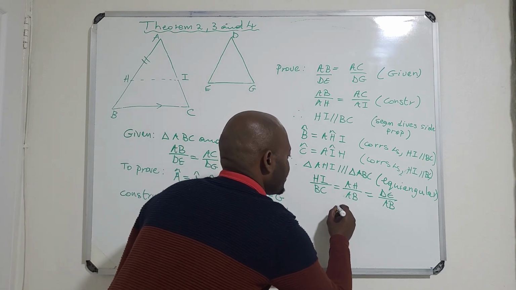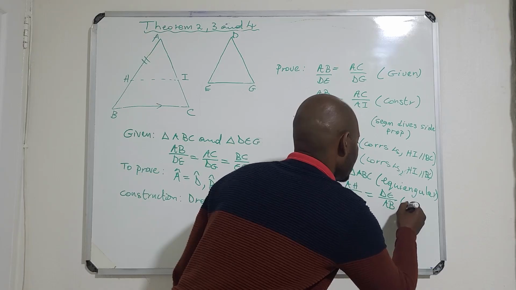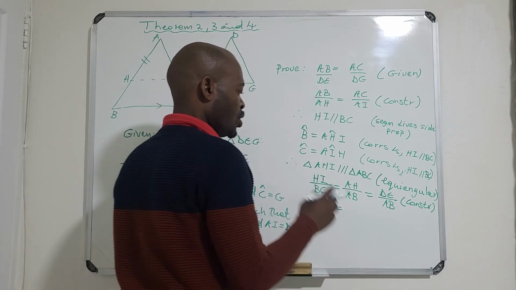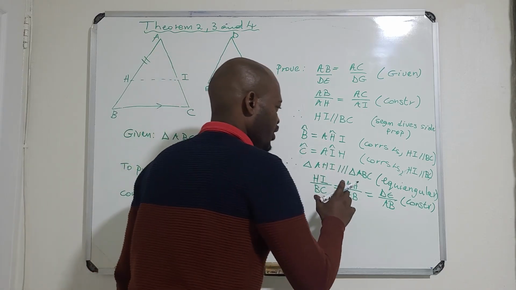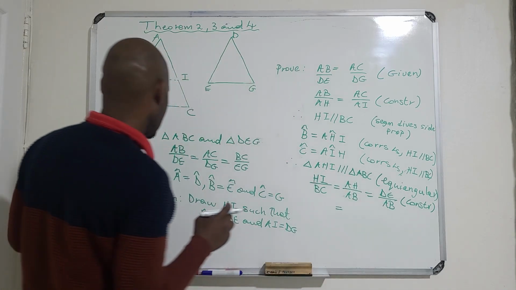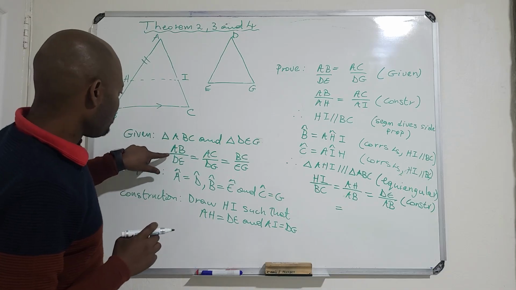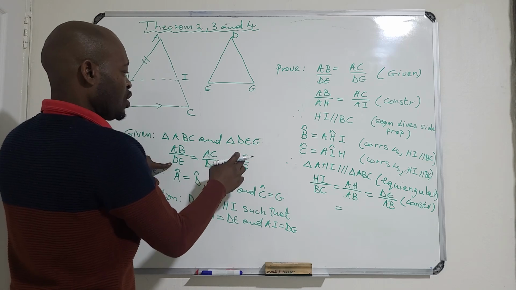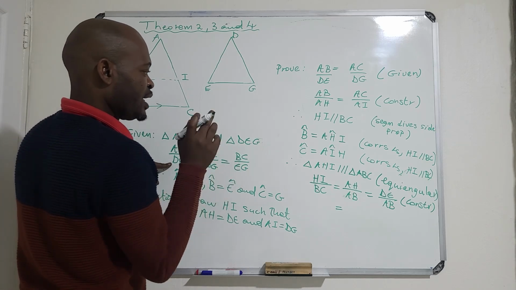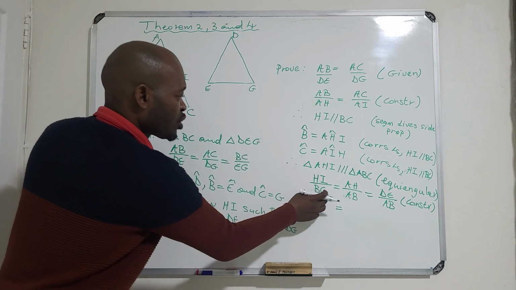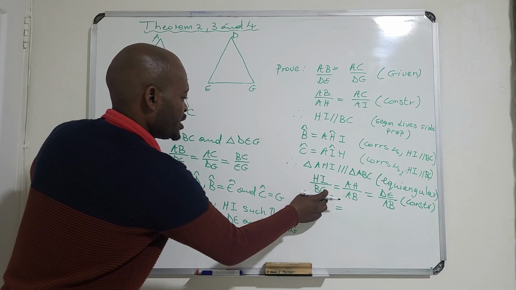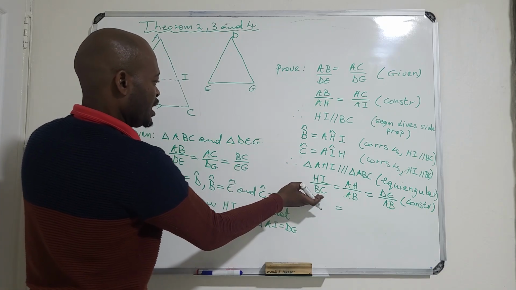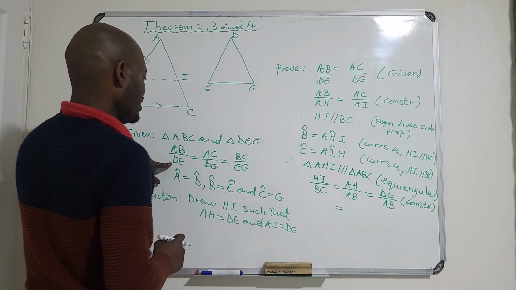Here we know construction. Now, since we know that AB over DE is equal to BC over EG, even here, because I've got BC there, but my BC is in the denominator, my HI is on the numerator.